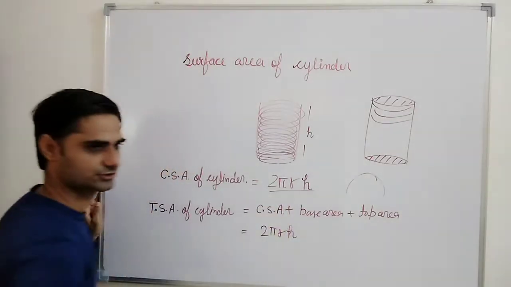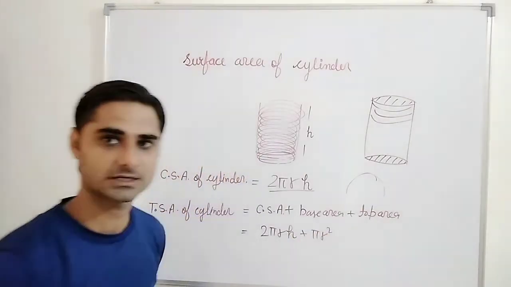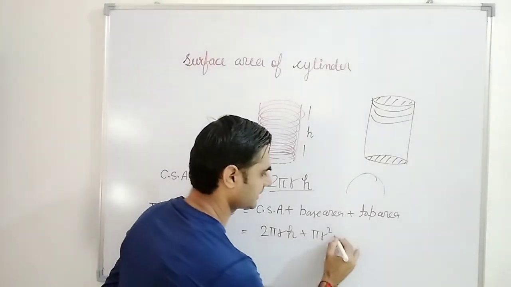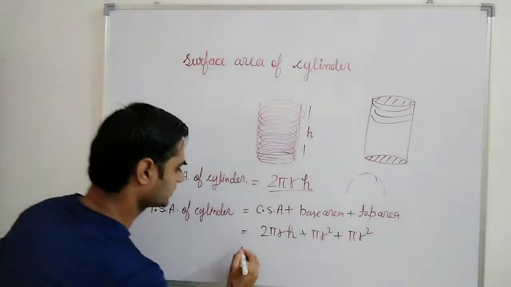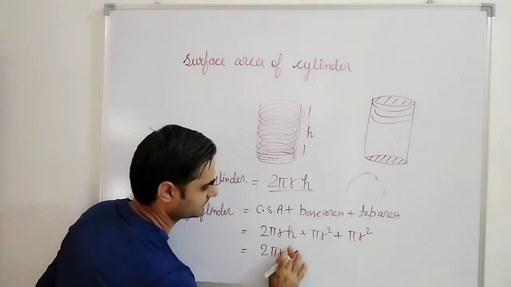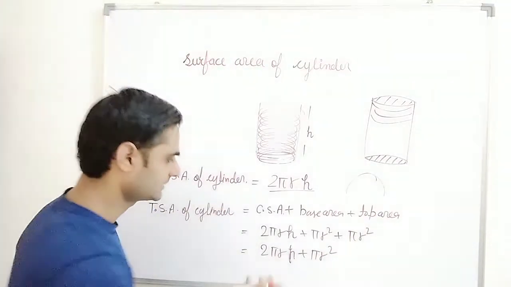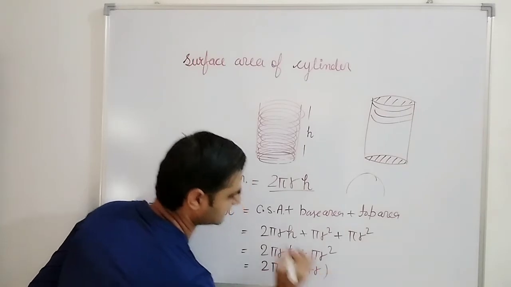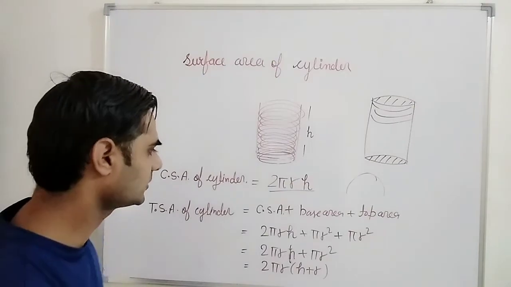Then base area is pi r square. Area of circle is pi r square, and this is a circle only. So plus top also, again the same pi r square. So the total surface area will be 2 pi r h plus 2 pi r square. Can we take common? 2 pi r and h plus r will be there. This is the total surface area of cylinder.